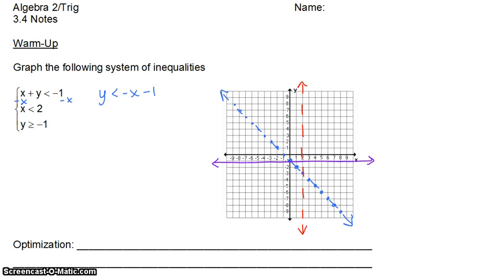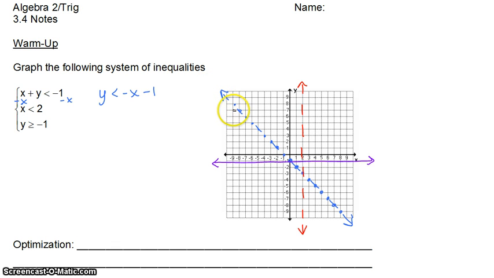Now we need to find the common ground between those three equations. Since I went less than the blue line, I want everything below the blue, which means everything above it is no longer fair play. That's not going to be part of our answer. Then we want x is less than 2. So now not only do I want everything below the blue, I want everything to the left of the red.